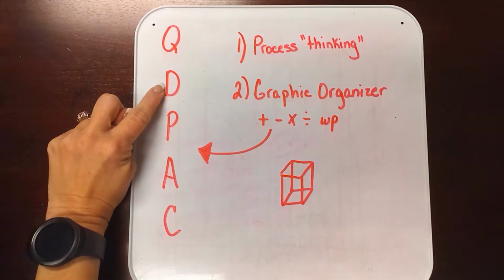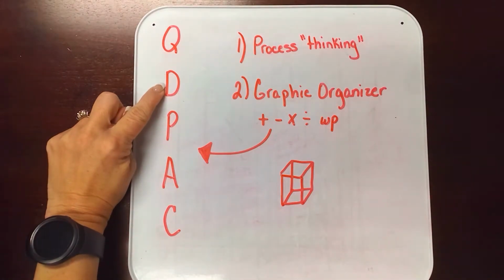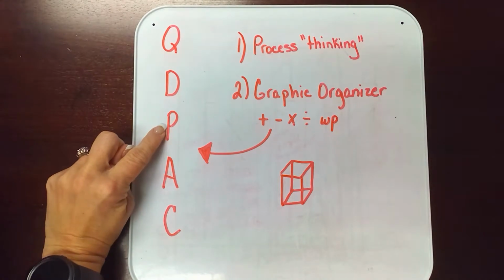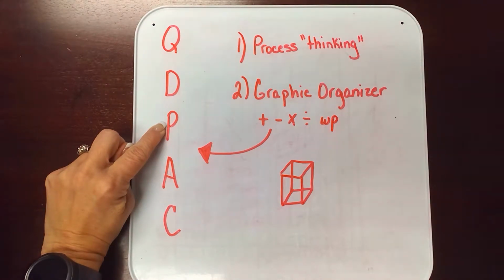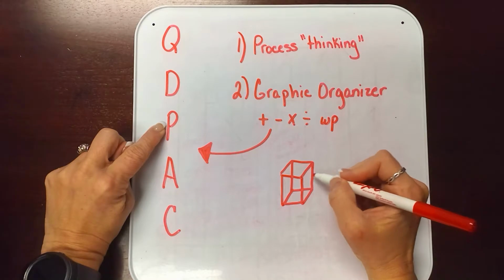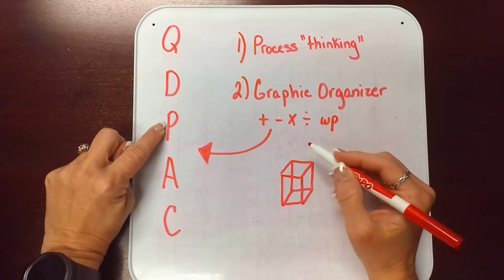So what is it that vertices means again? So they have to come up with what are vertices. Then they have to make a plan. And in the plan step here is where they're going to use their strategy for finding the number of vertices. They're going to go ahead and do that, okay?